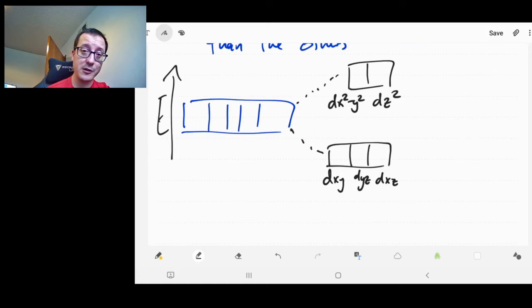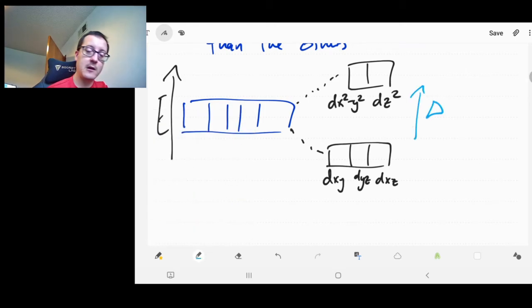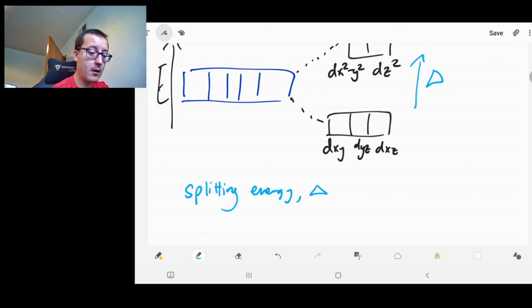And the other two orbitals are going to be higher energy because of that repulsion they're going to experience with the ligands. The energy difference here, we usually just represent as delta, is called the crystal field splitting energy, or we just call it splitting energy. This is what's responsible for those different colors of light, by the way, the transitions from these lower ones to the higher ones.